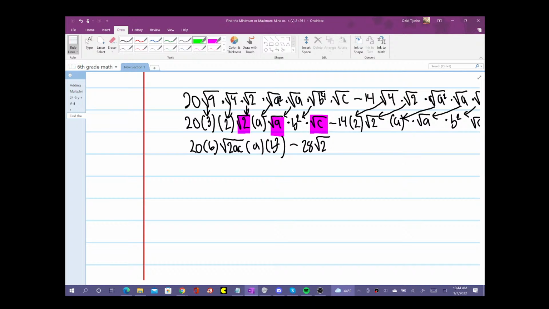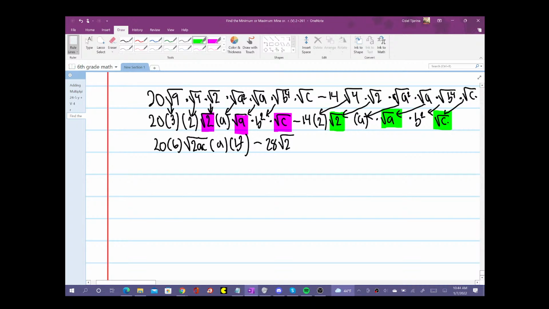Give me a second, guys. So I have square root of 2, square root of a, and then I also have the square root of c. So I have 28 square root of 2ac, and then we're left with times a times b squared.